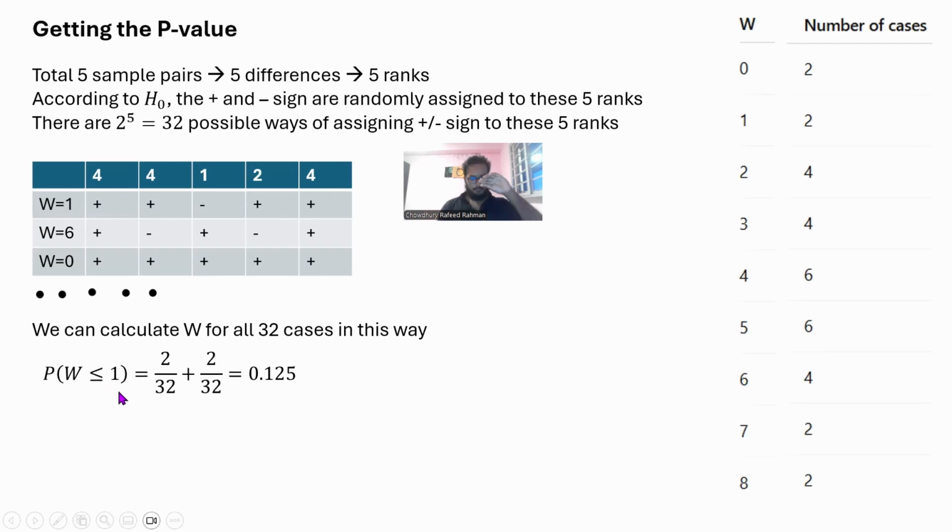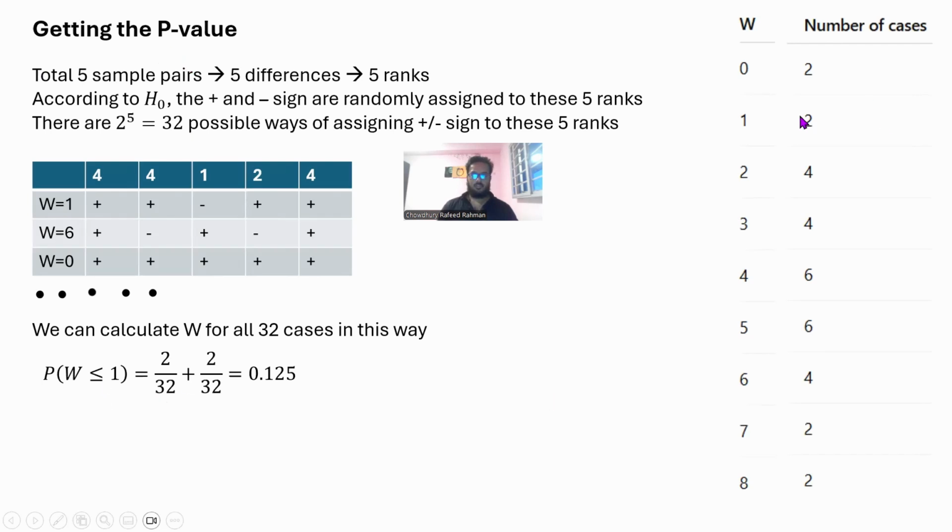Anything below 1 is even more extreme. If that probability is very, very low and we're still getting it, that means we can reject the null hypothesis. And this is basically the p-value. So if the p-value is low, we can reject the null hypothesis.